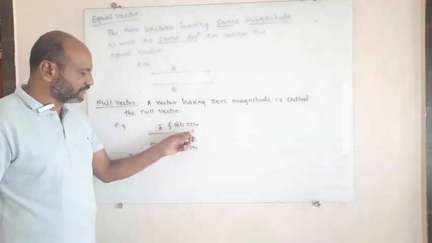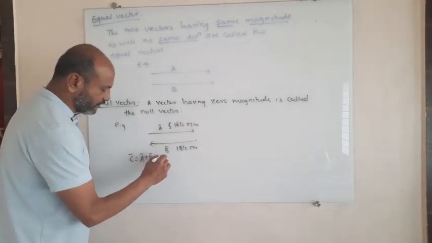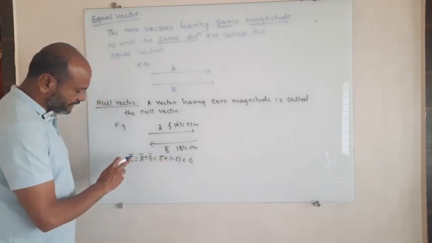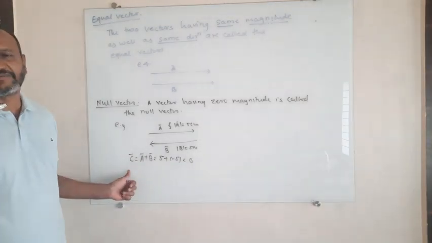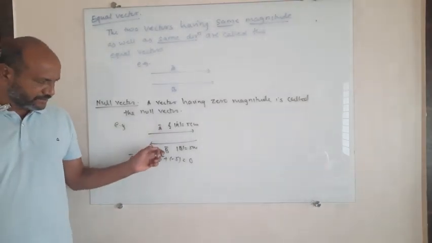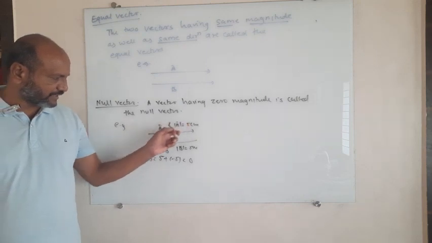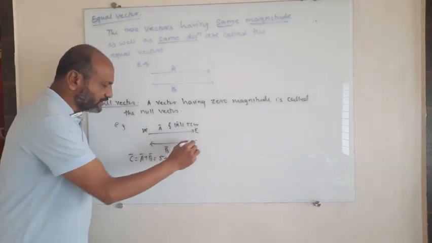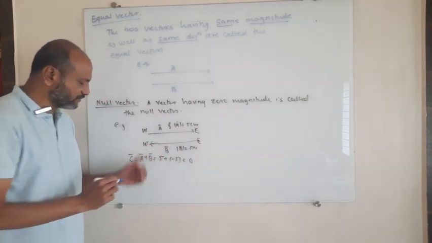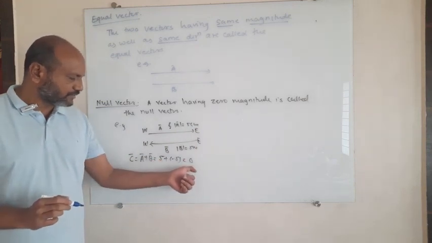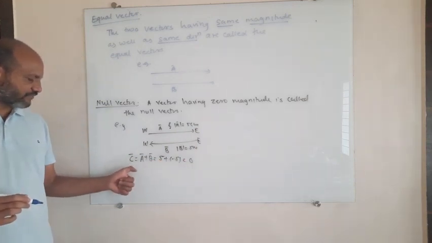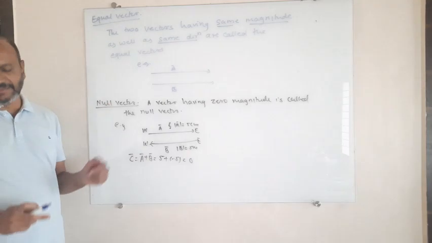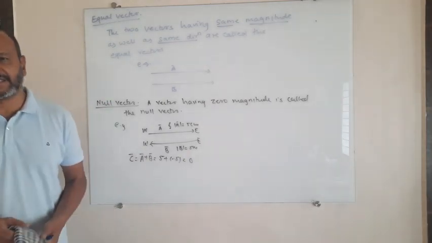Since the directions are opposite, we take 5 plus minus 5 equal to 0, and C bar is called a null vector. A and B are not null vectors. A bar has magnitude 5 centimeter with direction from west to east, B bar is east to west, and the addition of these two is 0. That is, the magnitude of vector C bar is 0, and therefore C bar is called the null vector.